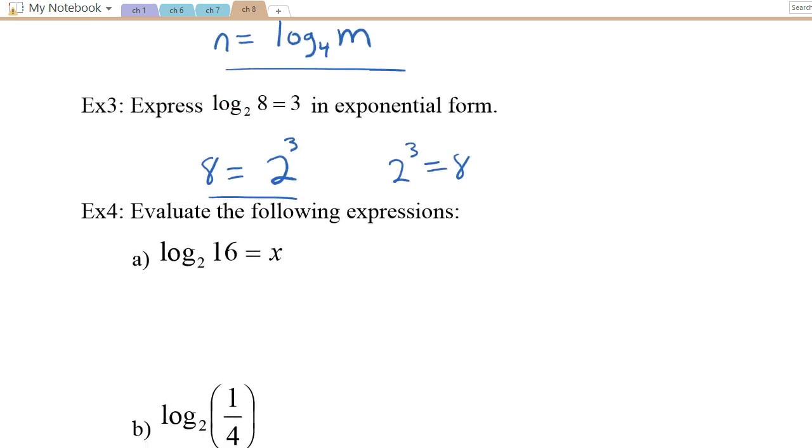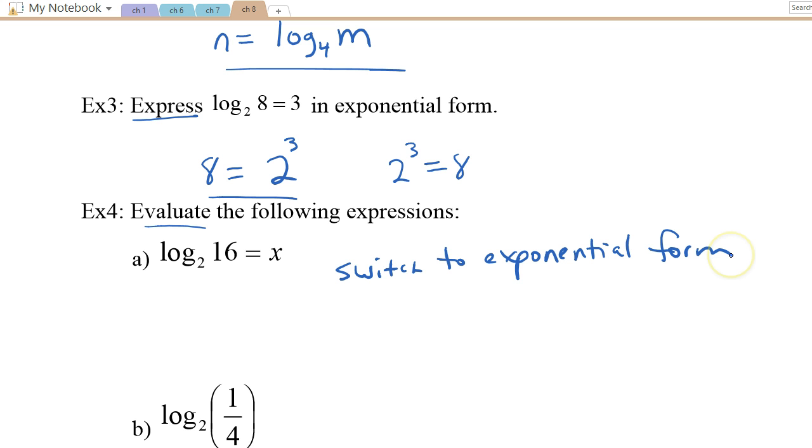Now we've switched from express to evaluate, so at the end of this question I should actually say x equals something. So the first step is I'm going to switch it to exponential form.